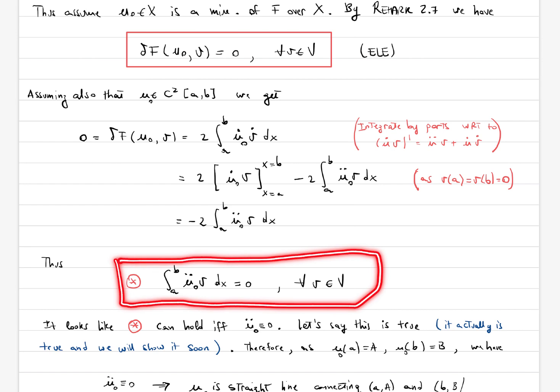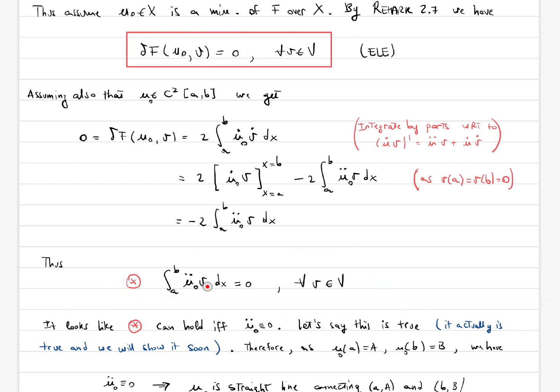Okay, now we just look at this equation and we start to think, okay, if u double dot is 0, then clearly this integral is 0. This is saying that this should be 0 for all the functions v which are 0 at the boundary.